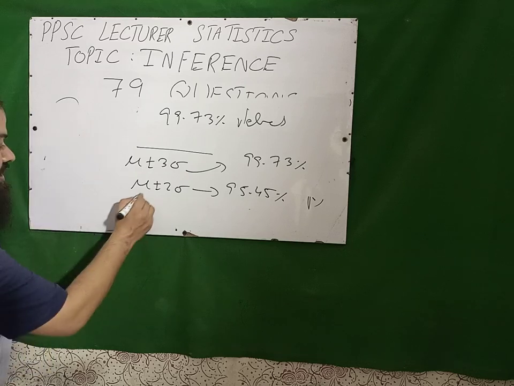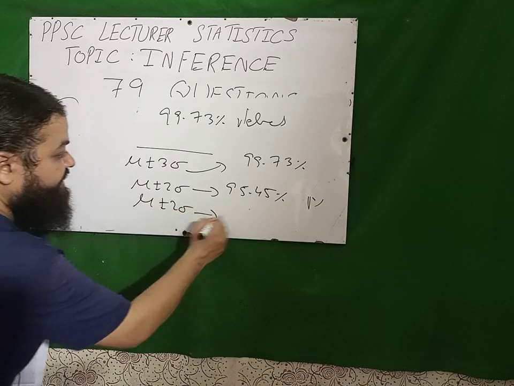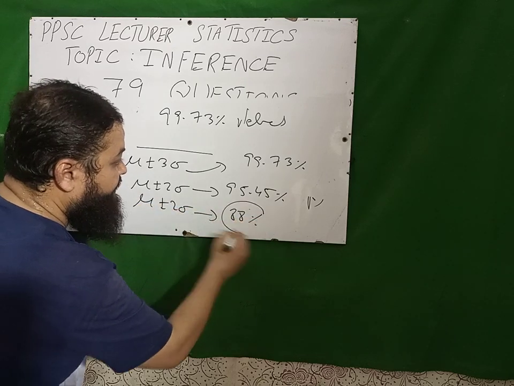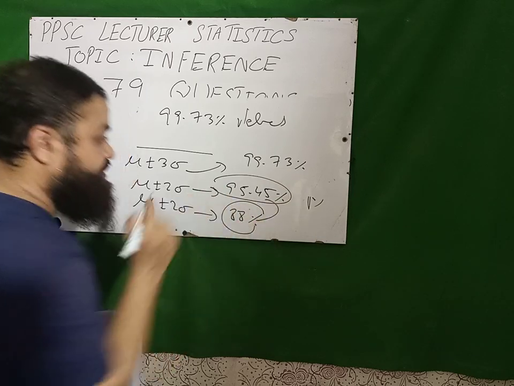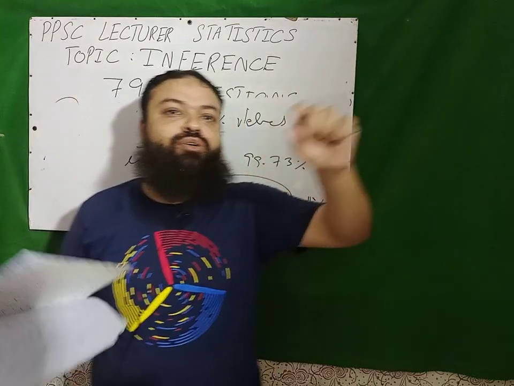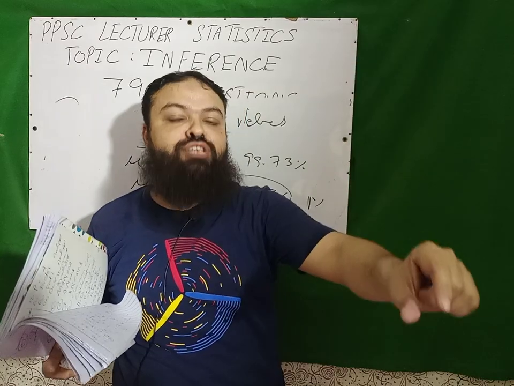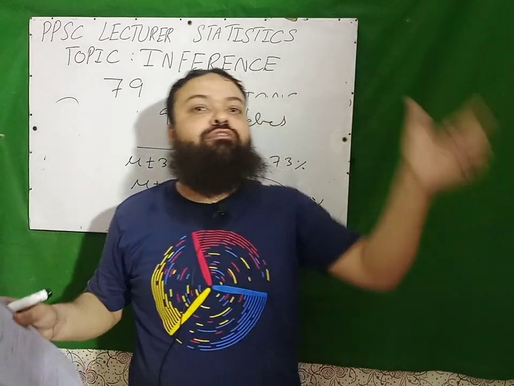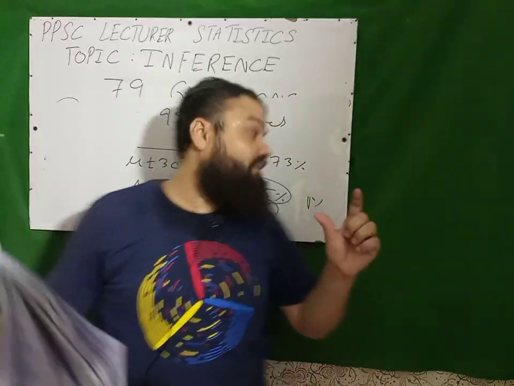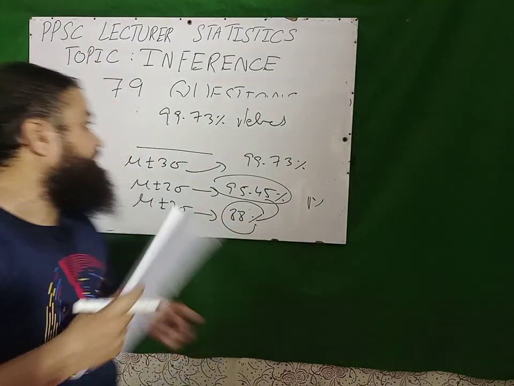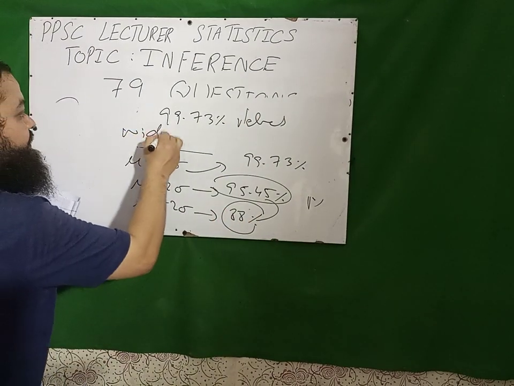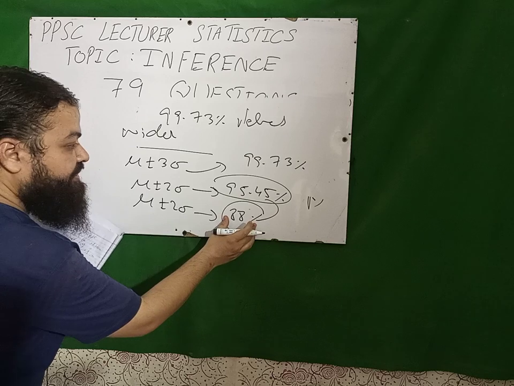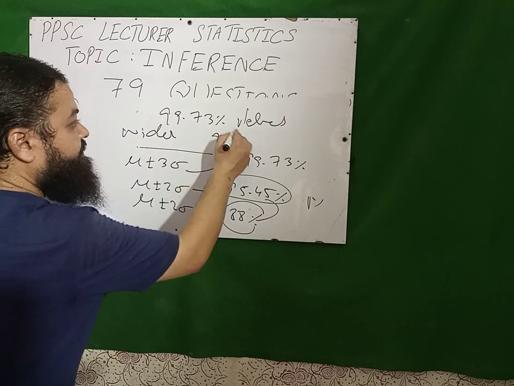In Chebyshev's, mu plus minus 2 sigma contains 88% almost. So it is wider than this much. What did you learn? In normal distribution, the interval will be narrower than if I calculate it for Chebyshev's. For Chebyshev's, it will be wider.